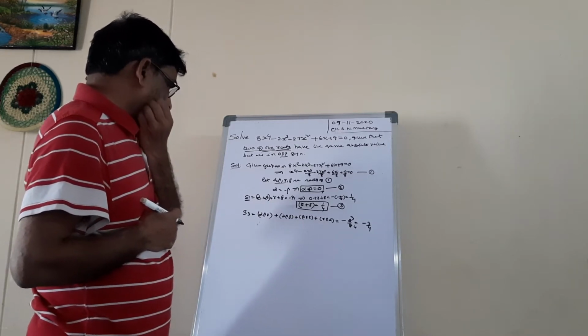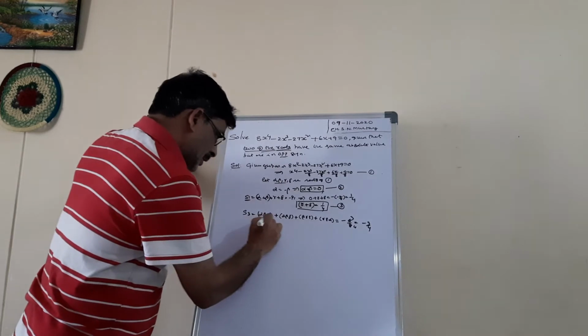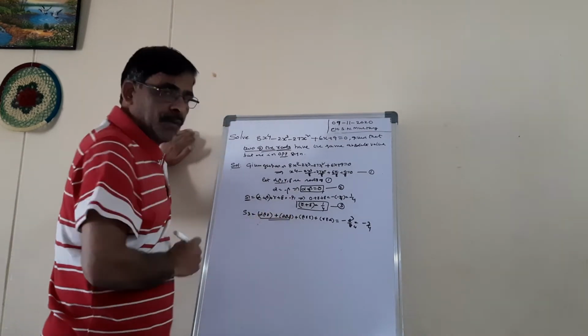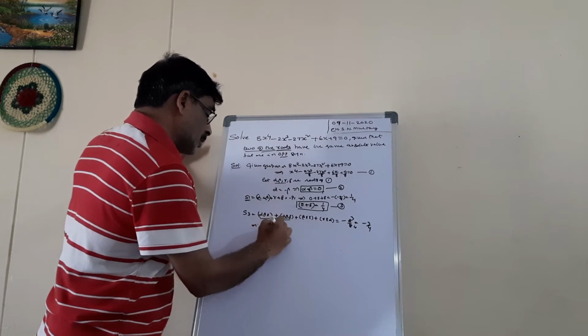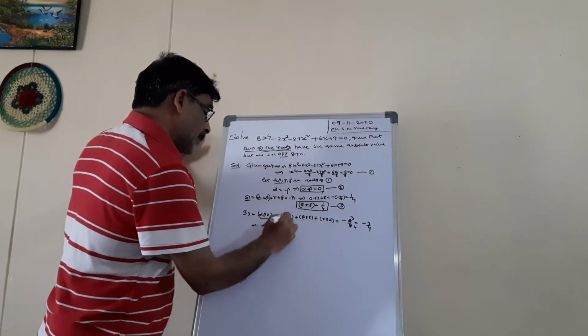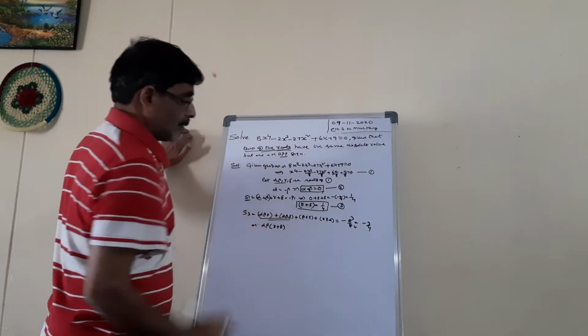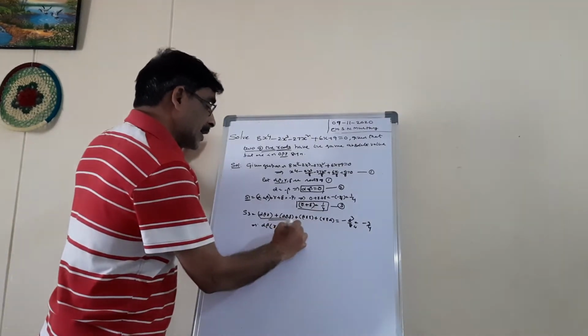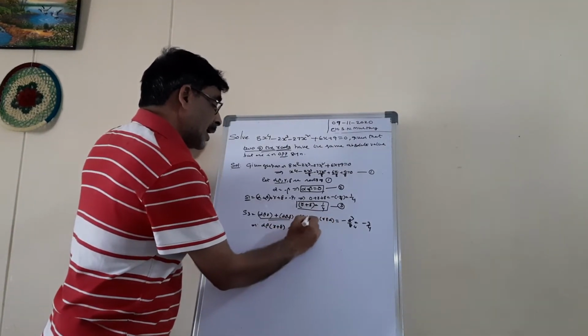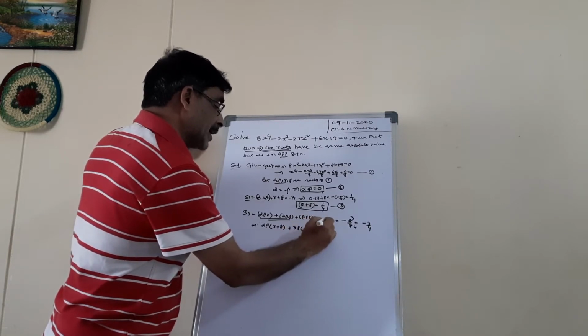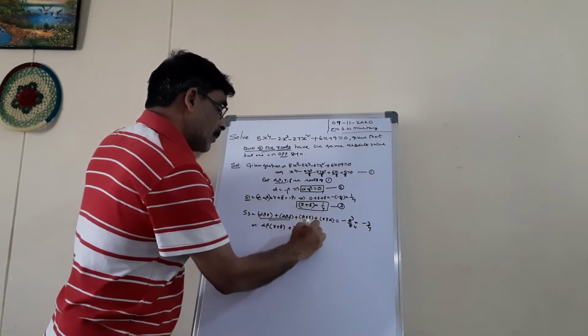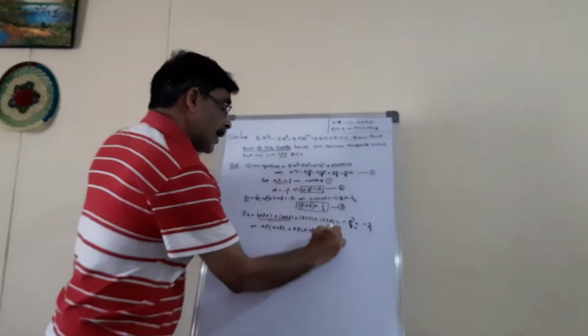Now in this pair, we take alpha beta common, which gives alpha beta into gamma plus delta. Here also you take gamma delta common, that is alpha plus beta, equal to minus 3 by 4.